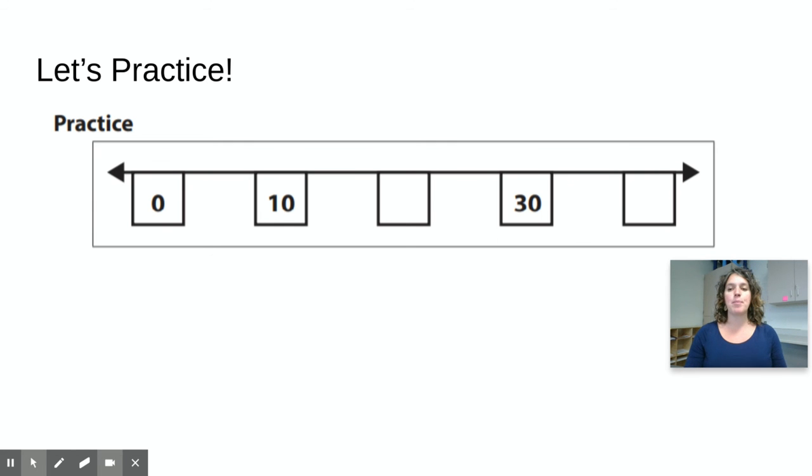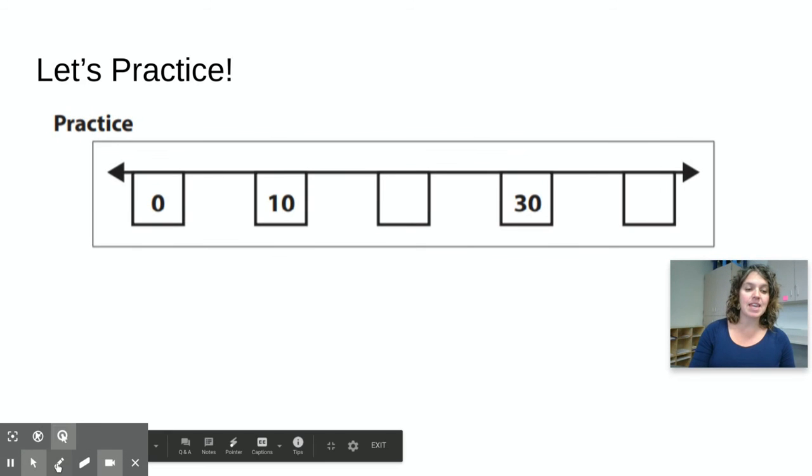So let's just look at a couple practice ones before we get into kind of what we'll do at small group. Here we have a number line, and we can see it goes 0, 10, blank, 30, blank. It looks like it's counting by tens.